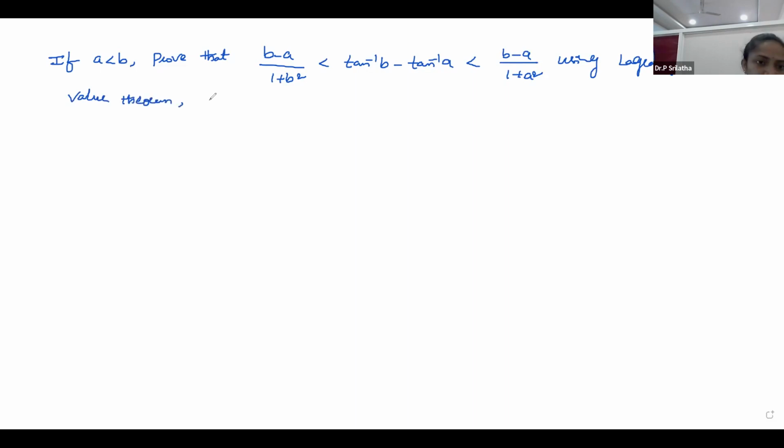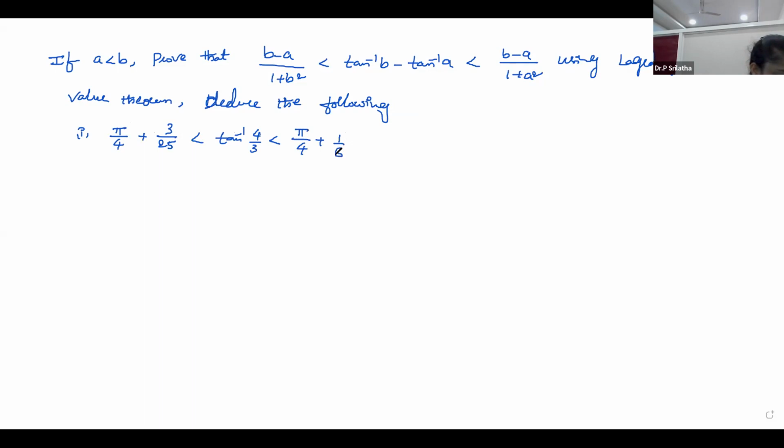Deduce the following. First: pi by 4 plus 3 by 25 is less than tan inverse 4 by 3, which is less than pi by 4 plus 1 by 6.